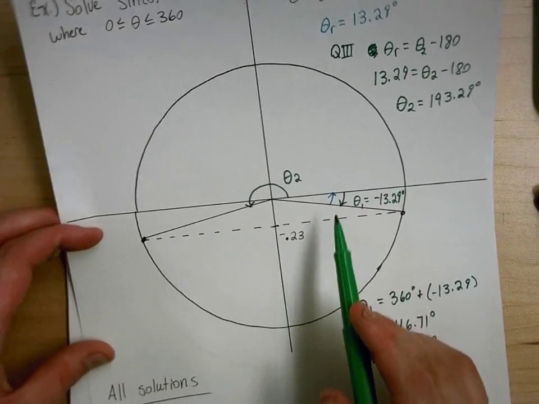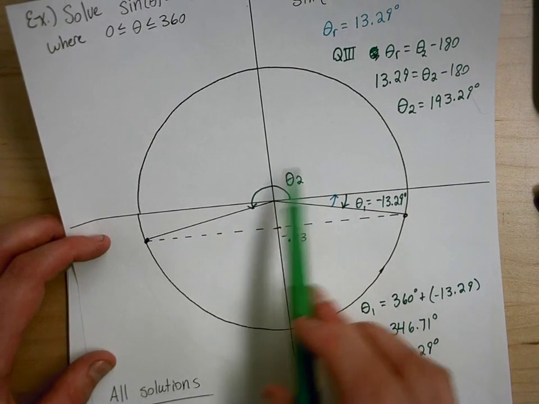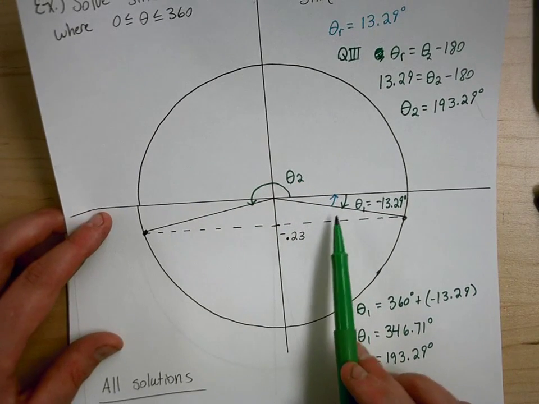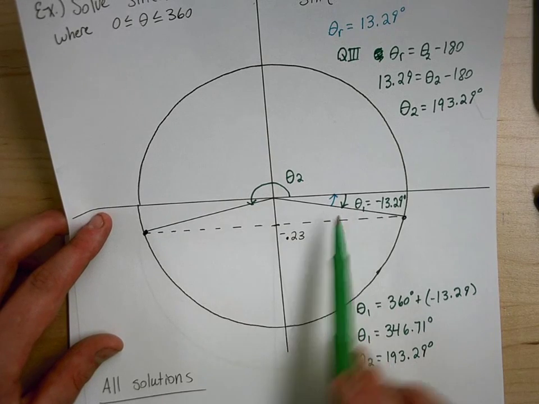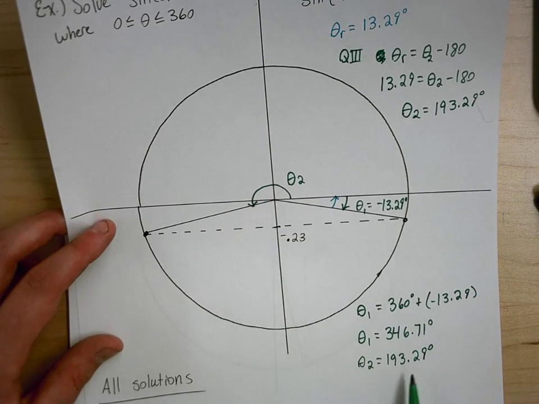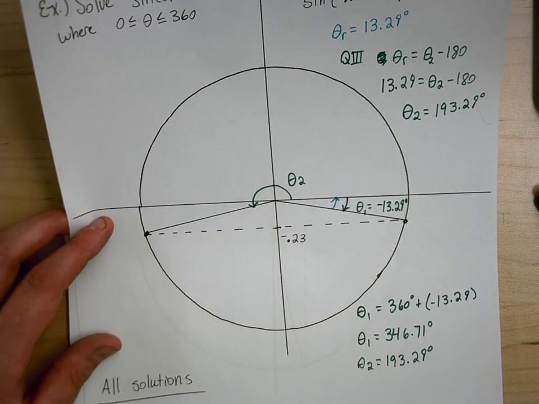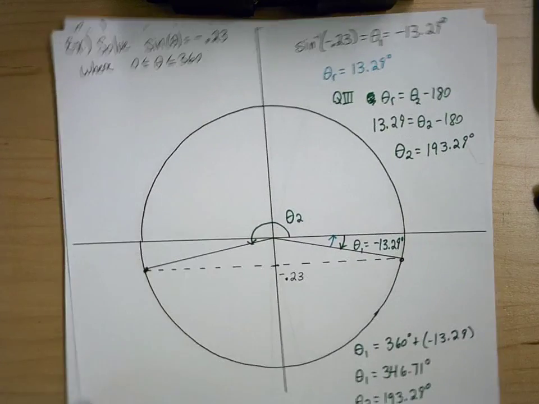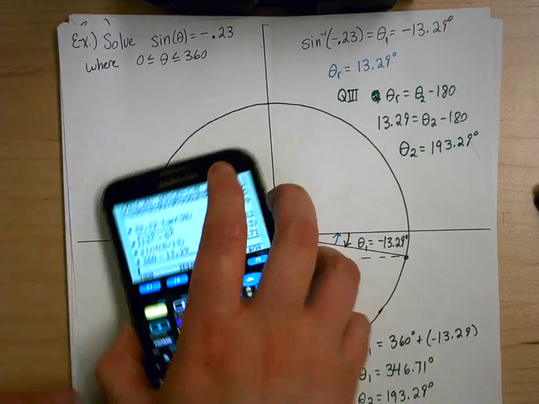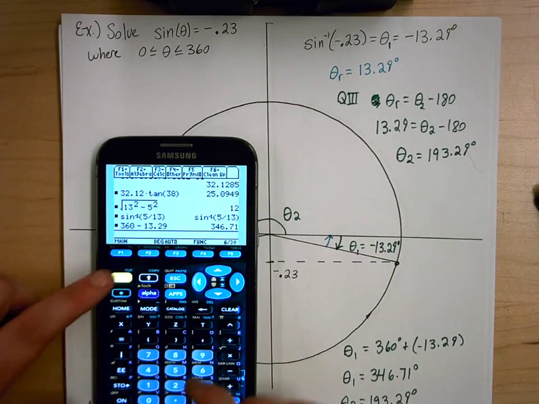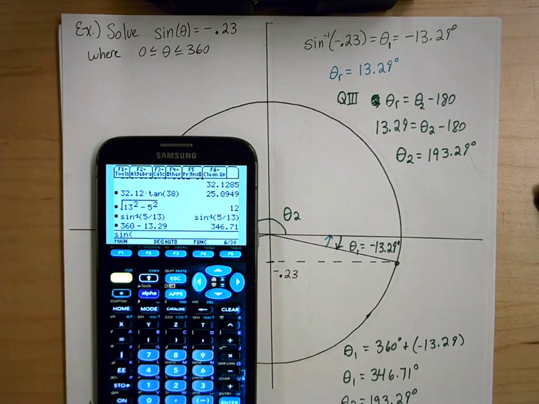If I were to just eyeball this, I would say that that is about 346 and some change degrees. And I would say that that's about 193 because that's a little over 180. Okay, again, let's plug these into our calculator, double check our answers. So let's do sine of 346.71.